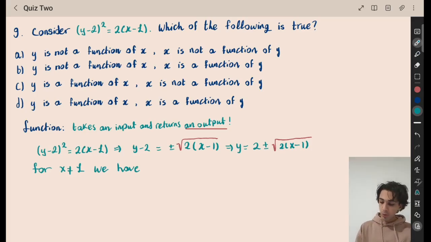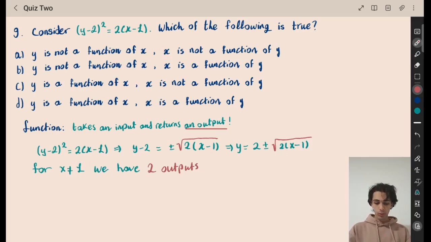Yes, we have 2, a positive one and a negative one. One where you add the square root to 2 and one where you subtract the square root from 2. And in that case, y cannot be a function of x.